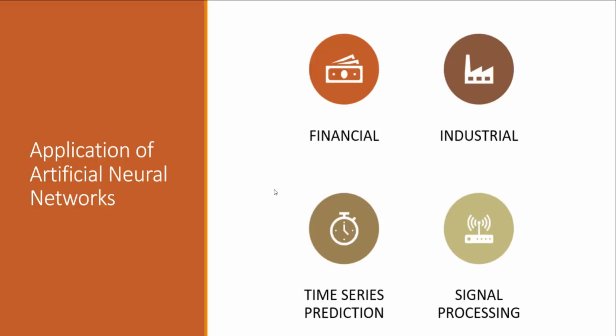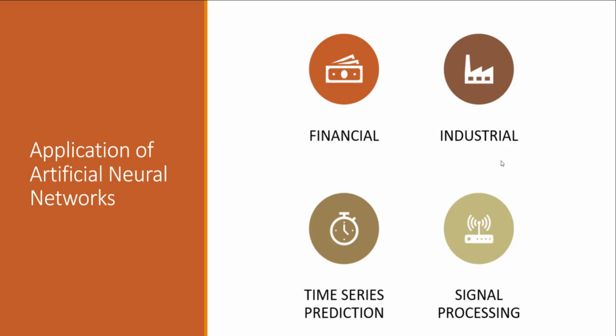Now we will discuss some applications of artificial neural network. Basically the first application is financial. It is used in real estate, loan advisor, corporate bond rating, portfolio trading program, corporate financial analysis, currency value prediction, document readers, credit application evaluators.